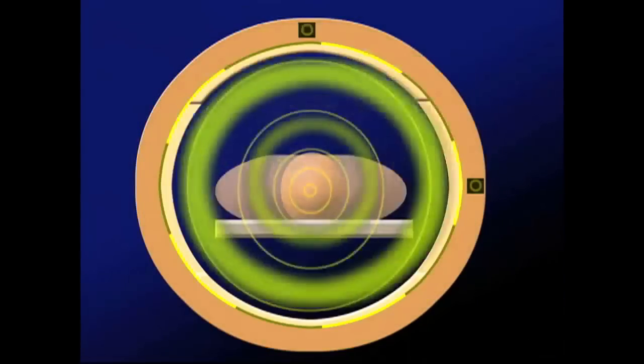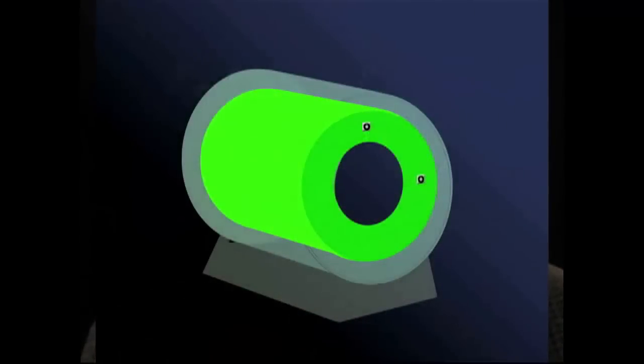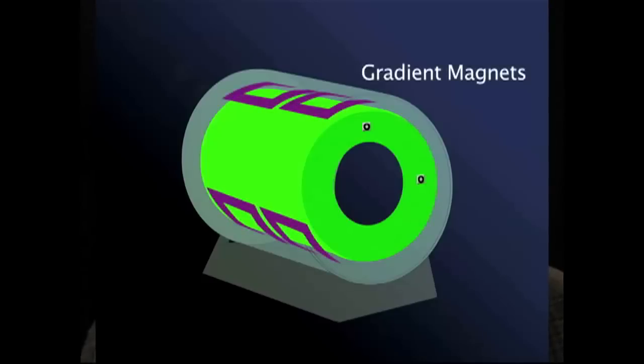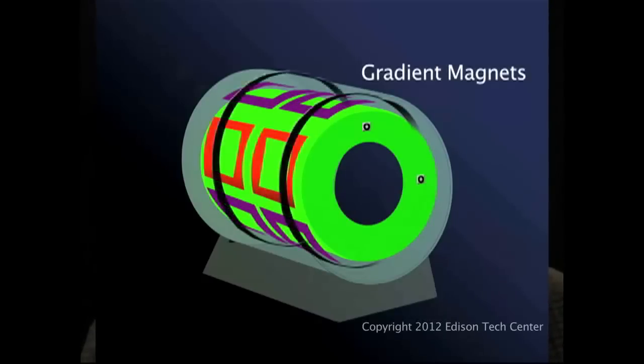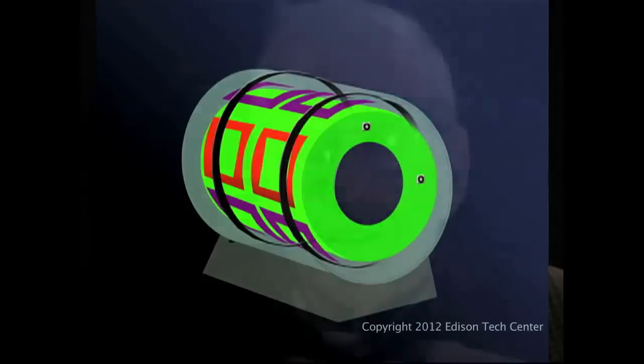If I want to see where the signal is coming from in your body, I put on another magnetic field on top of the very homogeneous one that's called a magnetic field gradient. By that I mean it makes the field stronger in one place and weaker in another place. What you do in order to get the fine resolution that you need is put on magnetic field gradients of different strengths, a series of pulses. That's why if you get an MRI machine, you hear boom, boom, boom.